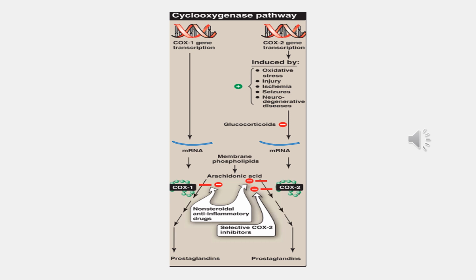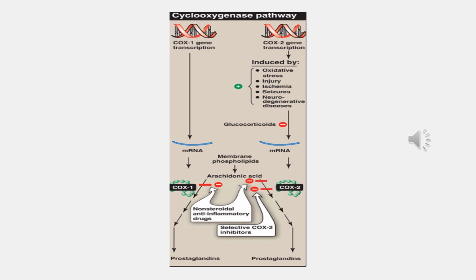When your body is under conditions like oxidative stress, some types of injury, ischemia, reduction of oxygen, seizure conditions, or neurodegenerative diseases, the COX enzyme, the cyclooxygenase enzyme, can be transcribed and translated.